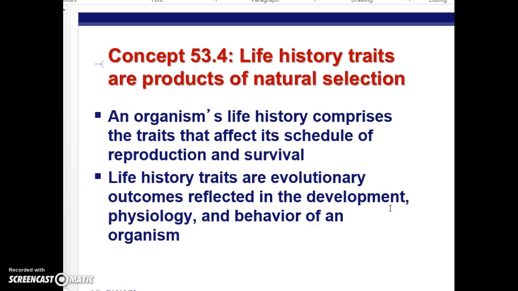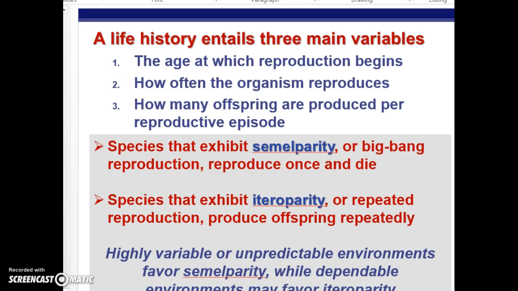So the things that are going to produce the best reproductive success and the passing on of genes to the next generation is going to be something that is favored as an adaptation. So an organism's life history is going to be comprised of traits that affect its ability to reproduce and survive. And so these are evolutionary outcomes reflected in the development, physiology, and behavior of an organism.